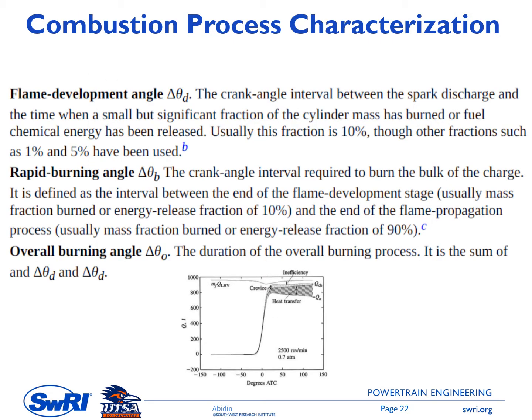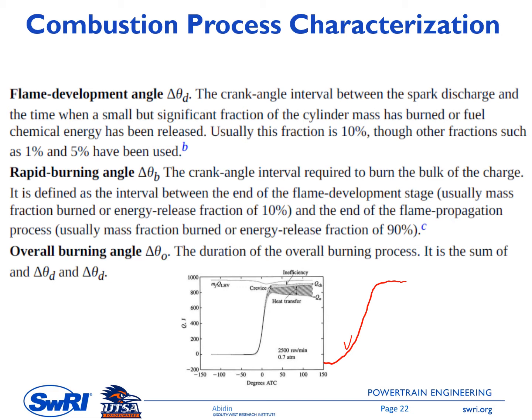Next topic is combustion process characteristics. The result of the heat release analysis from the previous slide is shown again at the bottom of this slide. As you can see on this figure, the chemical energy or gross heat release curve has a kind of S shape. The rate at which this fuel-air mixture burns increases, as you can see in this figure, from a low value immediately after the spark timing.